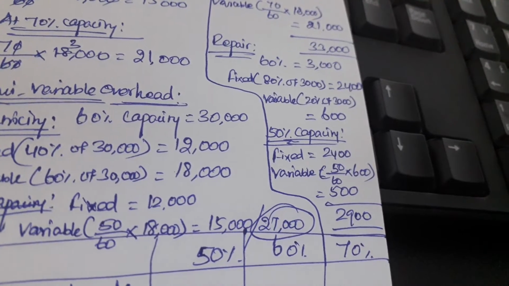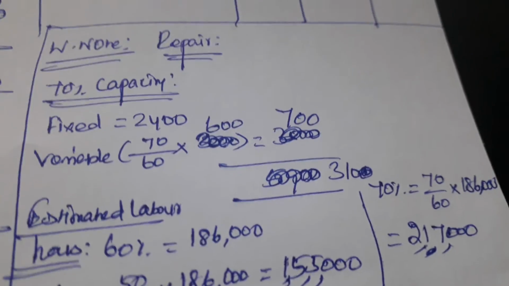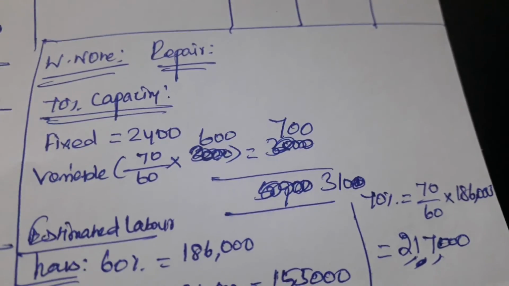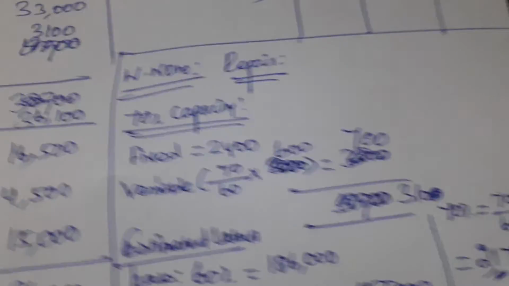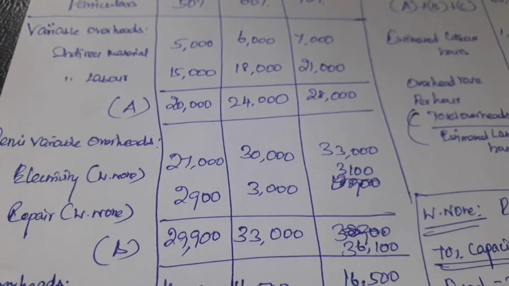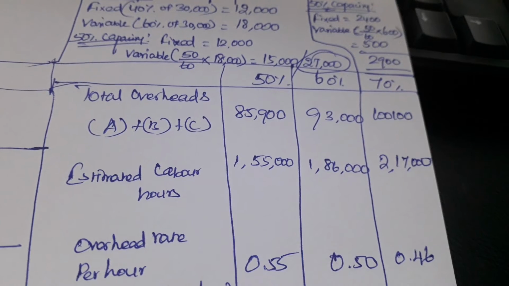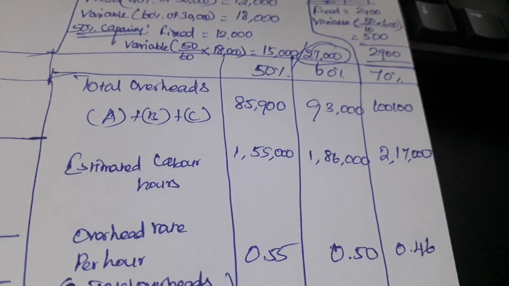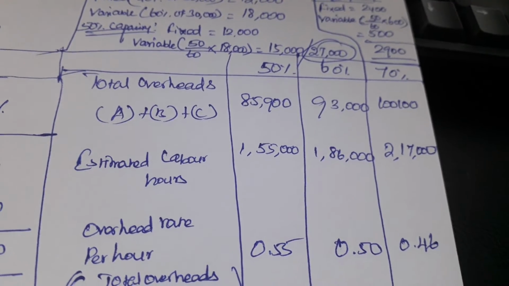For 50% capacity we get 2,400 and 500. For 70% capacity we get 2,400 and 700. Just put it in the column. We get 85,900 and 1,00,100.